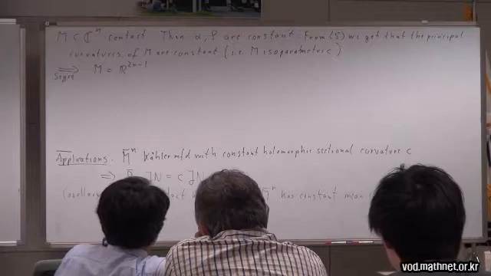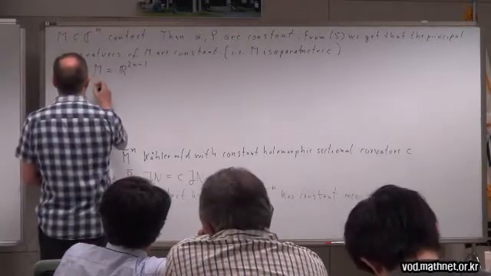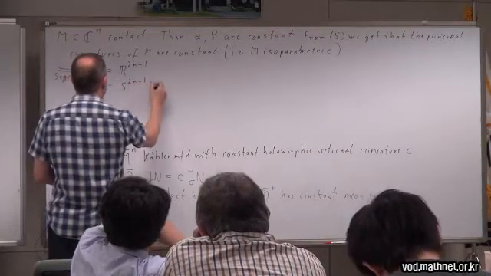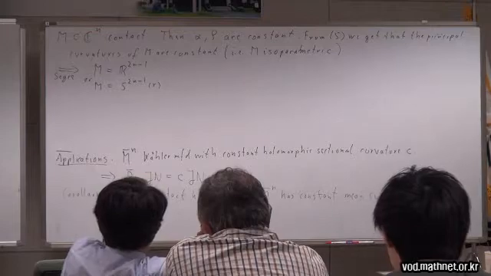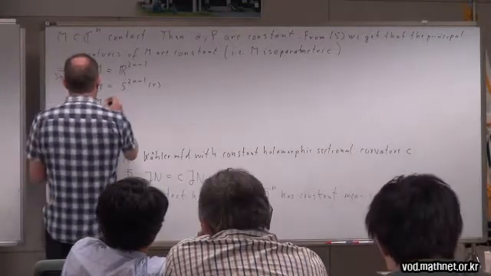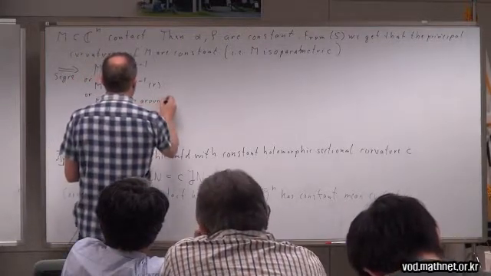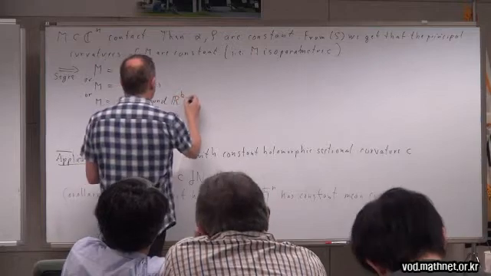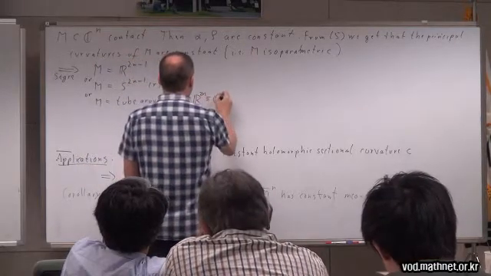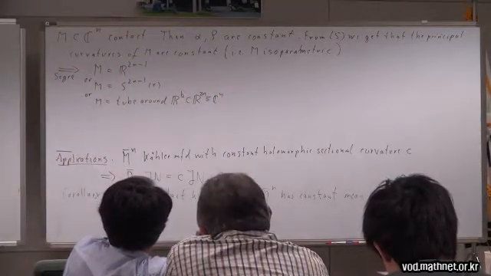So M is either a Euclidean hyperplane, or M is a sphere of some radius, or M is a tube around Rk in R2n, which we identify with Cn. So these are all isoparametric hypersurfaces.